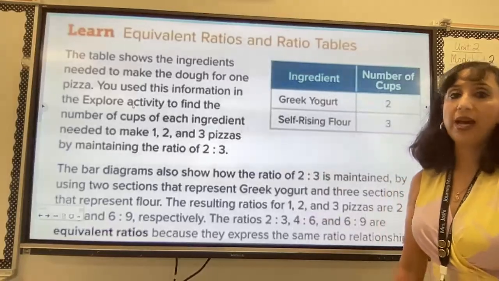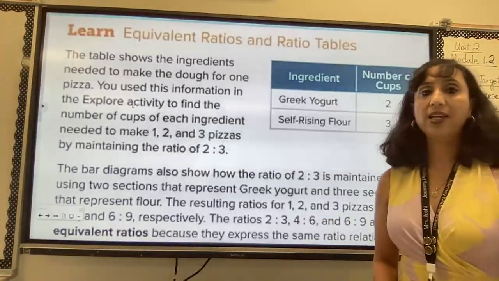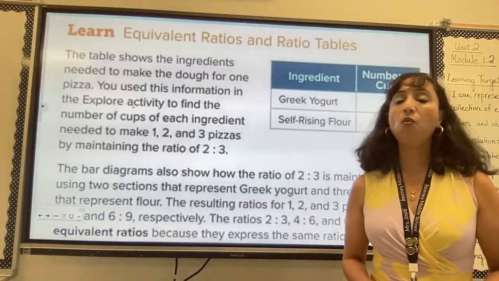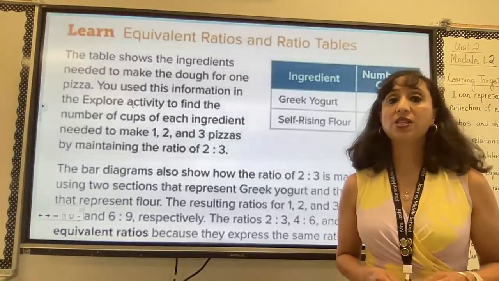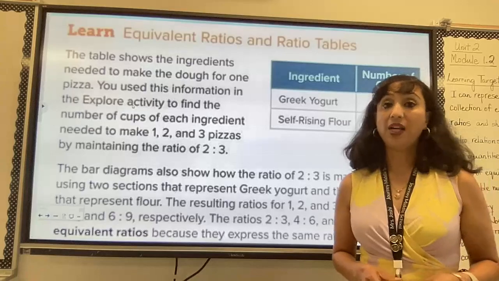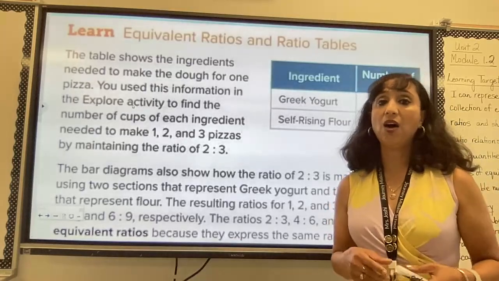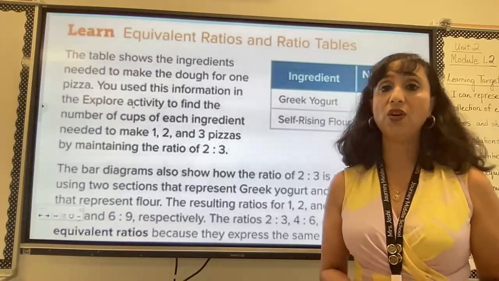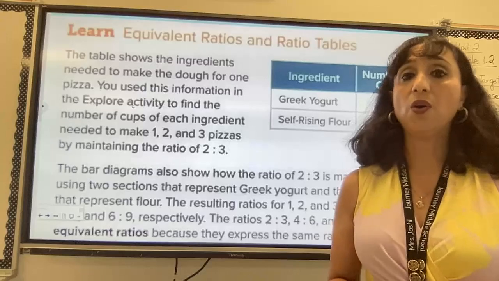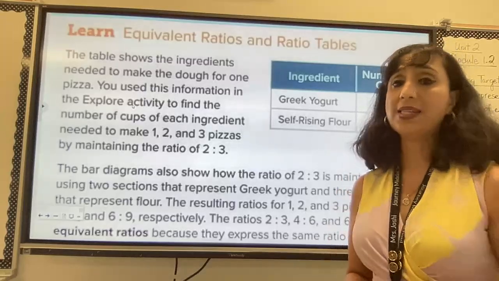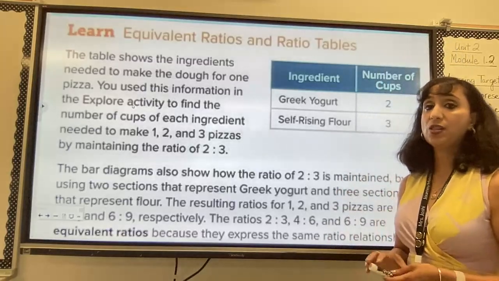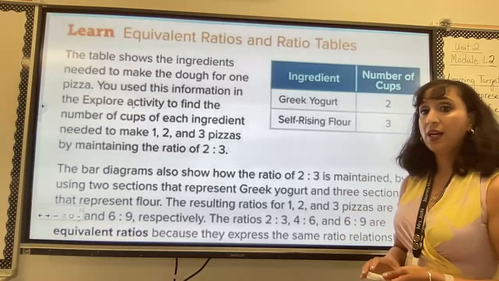So the table shows the ingredients needed to make the dough for one pizza. You used this information in an activity earlier, but anyways, we are going to look at how we can find an equivalent ratio for this, okay? So we can see that for the ingredients, we have Greek yogurt.